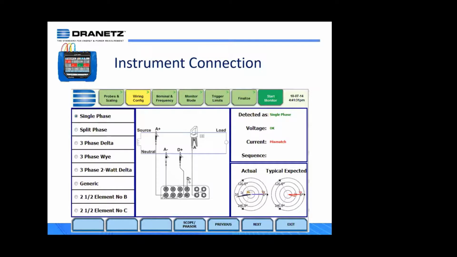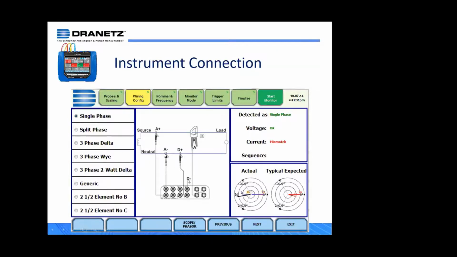Instrument connection these days, particularly with the Dranetz instrumentation, it has enough smarts in it where it can identify circuit types based on the number of voltage and current channels you're using and what their values are. It'll actually identify the circuit type, but there's sometimes where you may have to override that.